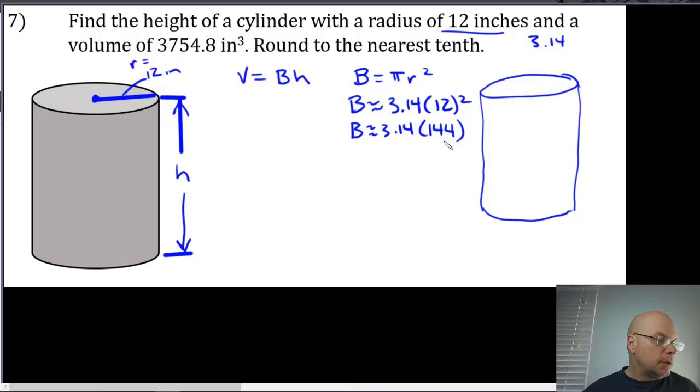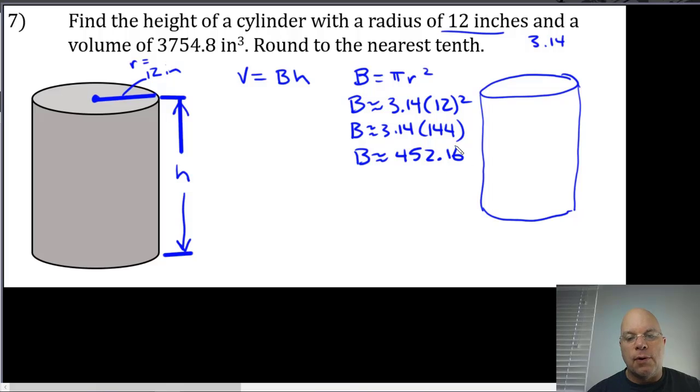Now, I said you could use a calculator on this homework as long as you write the formula and substitute the dimensions. So we've done that, so now we could use a calculator on 3.14 multiplied by 144. And the area of the base is approximately 452.16 square inches.